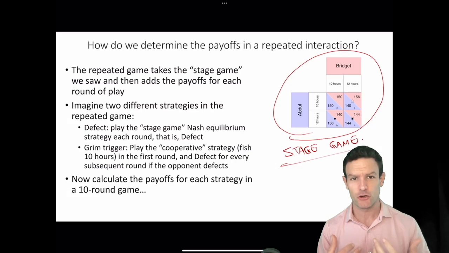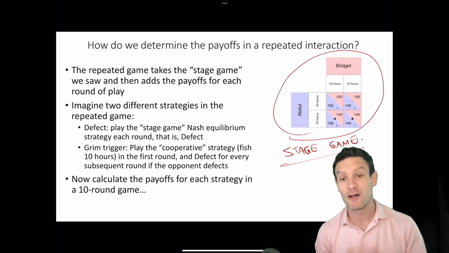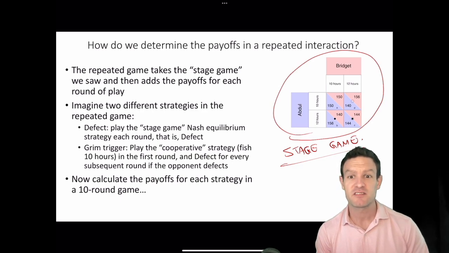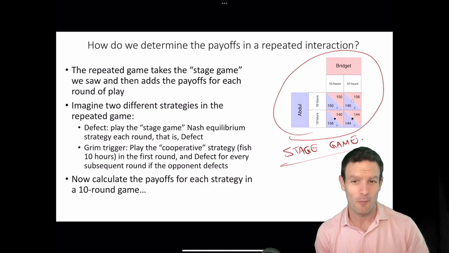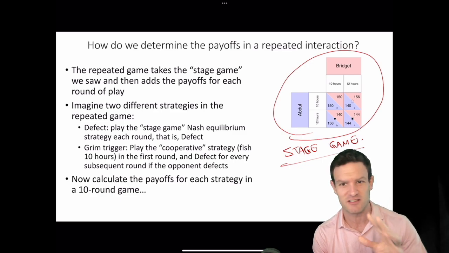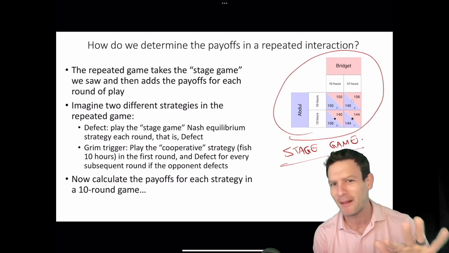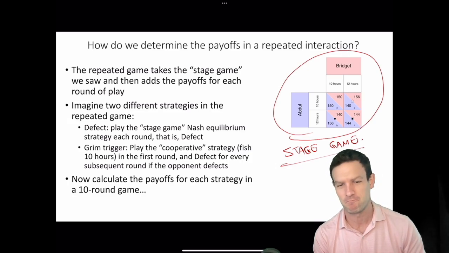The first is just defect. What defect means is you're simply going to play the 12 hours strategy in each stage game. That's the same as defecting or not cooperating. And cooperating would be fishing 10 hours. Okay, so we're going to look at two different strategies here. Like I said, the first one is just defect. Just play 12 hours. Play the stage game Nash equilibrium every single time.